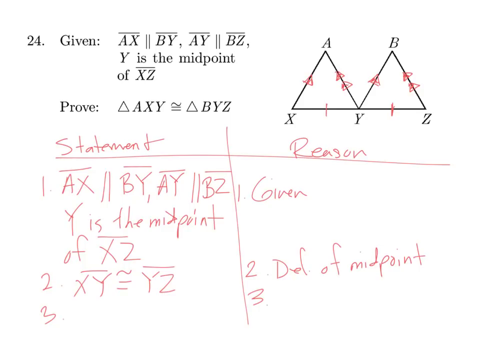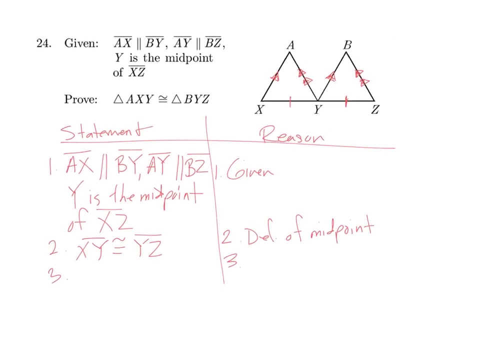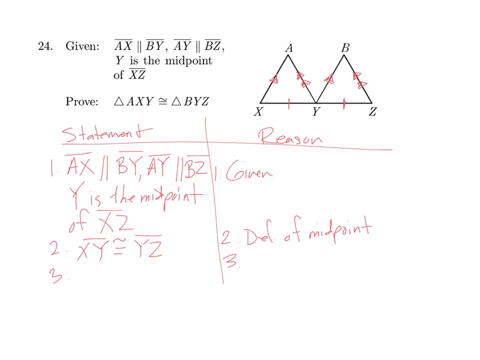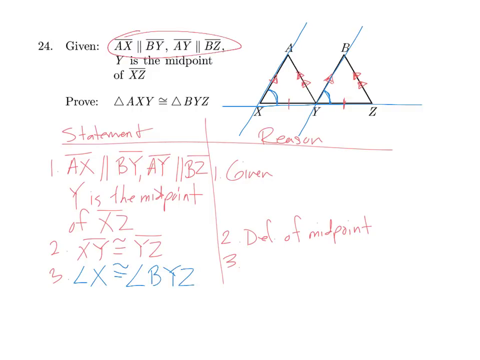Then I can say what else? Well, you want to use this information every time. They give it to you for a reason. I have these 2 lines, and then I have that transversal. So these are congruent. Those are corresponding angles. So angle X is congruent to angle BYZ, and those are corresponding angles.